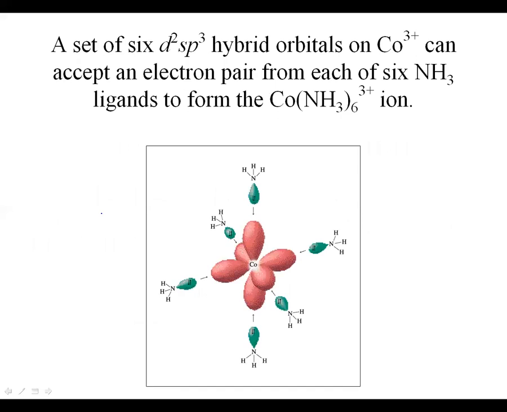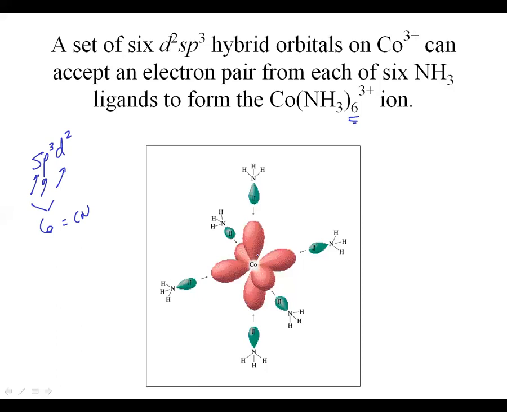So here's sp3d2, which is the hybridization when we visualize a complex ion that has a coordination number of 6. If you add up sp3d2, that's 1, 3 more make 4, 2 more make 6. That's what we envision here with something like this, where we have a coordination number of 6.